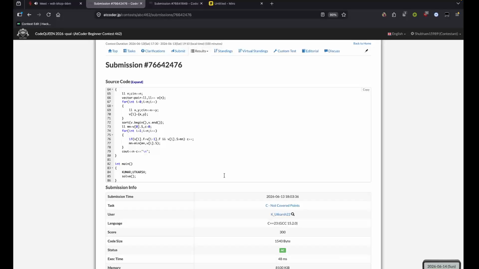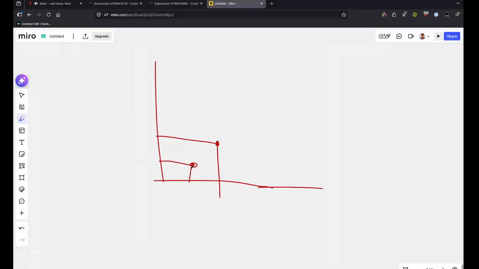So how can we check it efficiently? See, if my x plus y is even, that means we need a total of an even number of steps to reach this using vertical and horizontal.